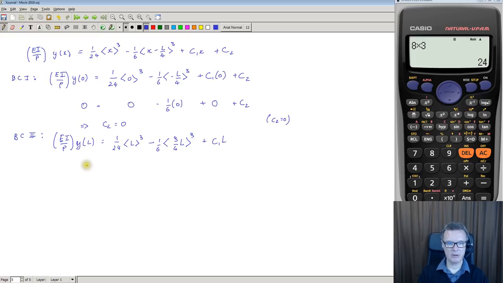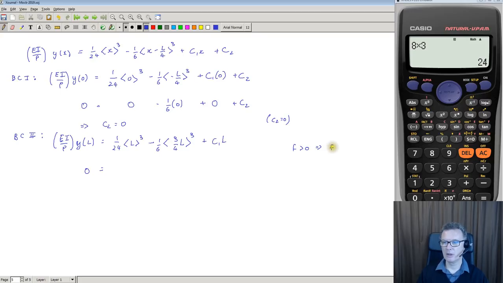So here, left-hand side is 0. Now we can convert our triangle brackets to ordinary brackets because we know that the things inside the brackets are more than 0.